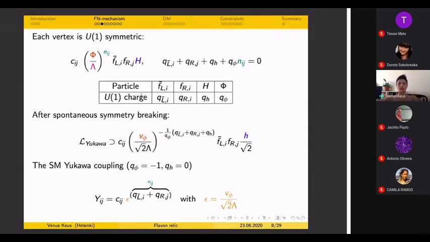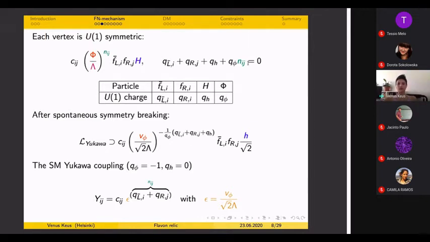But at a very generic level, the sum of the U1 charges has to be 0 for each vertex. So for this vertex, the QH, the U1 charge of the Higgs, the charges of the right-handed and left-handed fermions, and n times the charge that you've given to the flavon, because you're going to have more than one flavon depending on which fermion you're putting in this interaction. But at the end of the day, the sum of these charges has to go to 0.